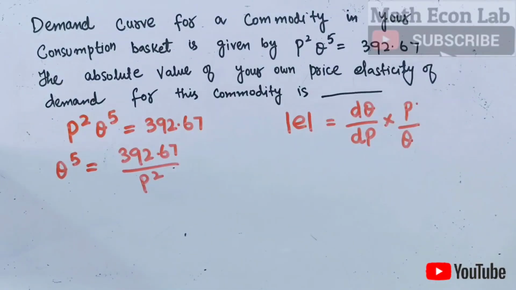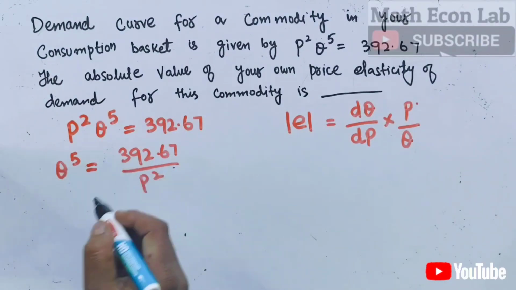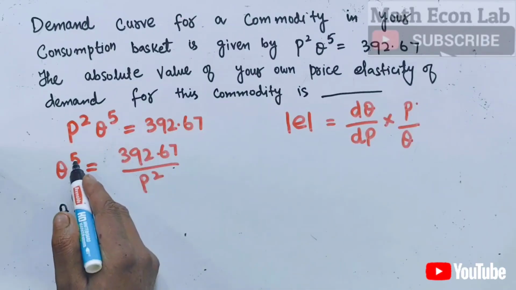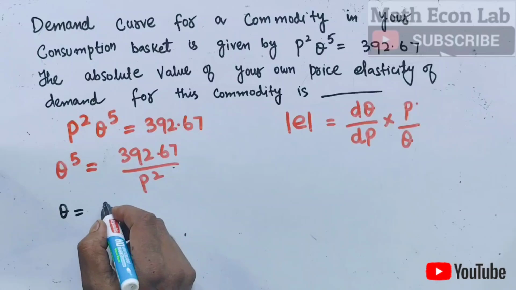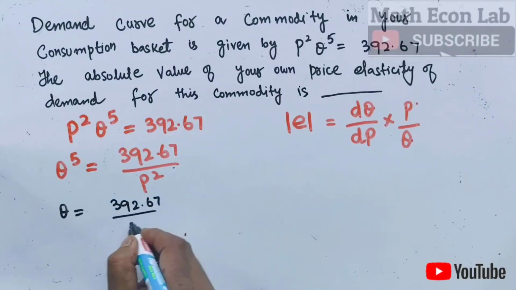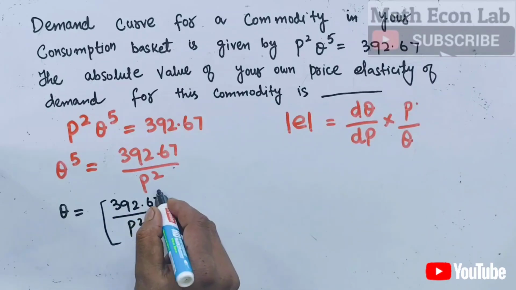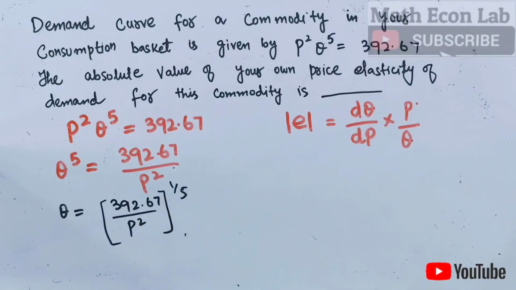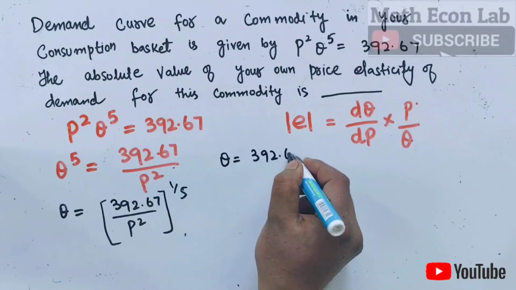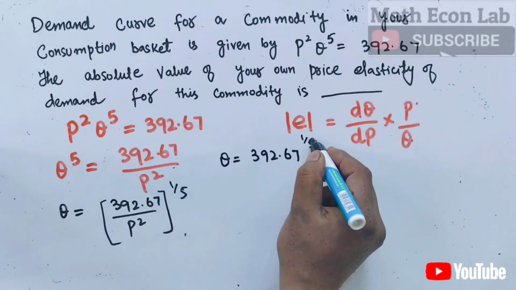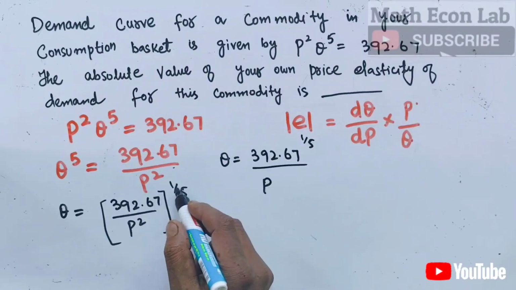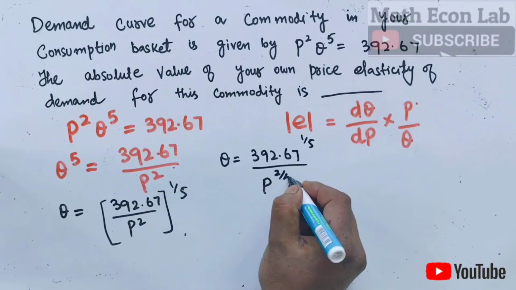Since I only need q, transposing this, it becomes 1 upon 5 as exponent. So q will be equal to 392.67 divided by p square, whole raised power 1 upon 5, or q is equal to 392.67 raised power 1 upon 5 divided by p raised power 2 upon 5.